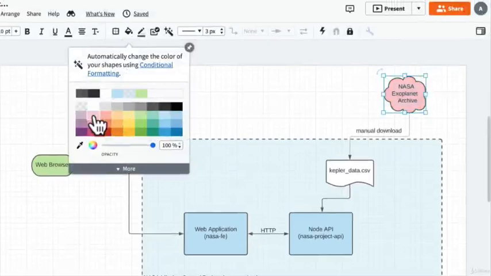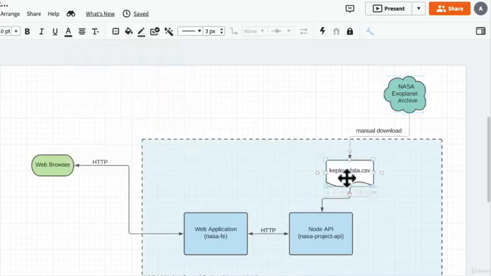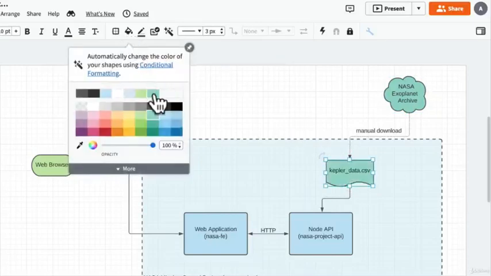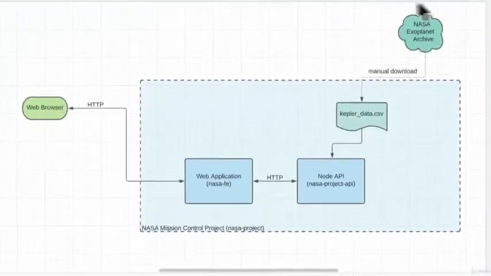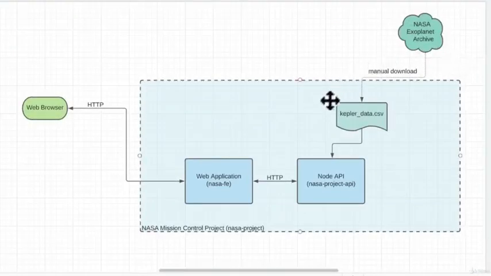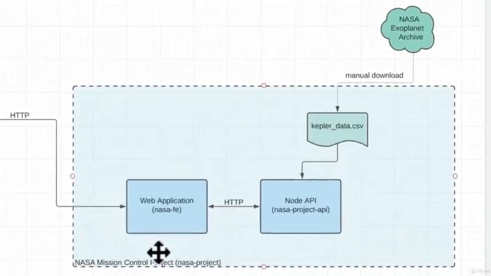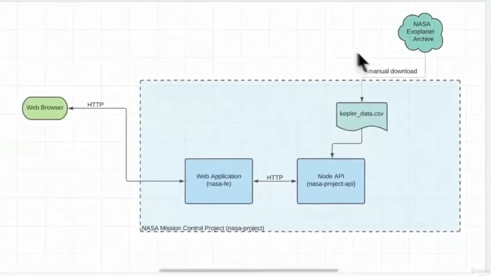So let's make the Exoplanet Archive this color, I believe we can call teal, where we can also group this CSV file as coming from a similar data source. But this time, maybe we can make it slightly more transparent, maybe 50%, because it's partly from the NASA Exoplanet Archive, but also it's included in our NASA Mission Control project. And there we have it.